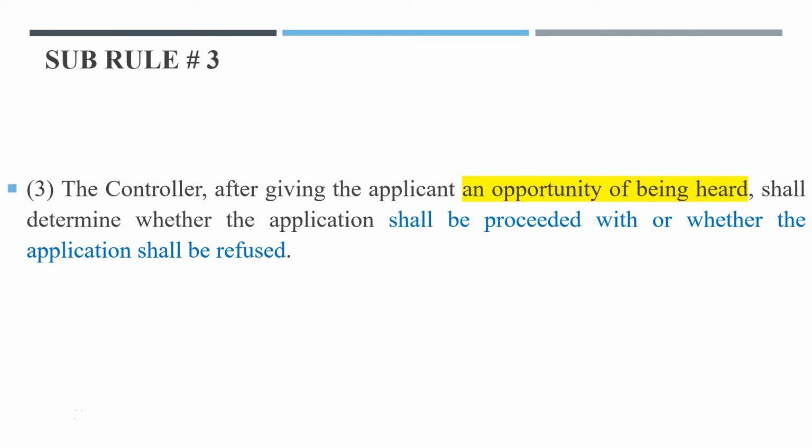Subrule 3 says the controller, after giving the applicant an opportunity of being heard, shall determine whether the application shall be proceeded with or whether the application shall be refused. That means what will be the decision.